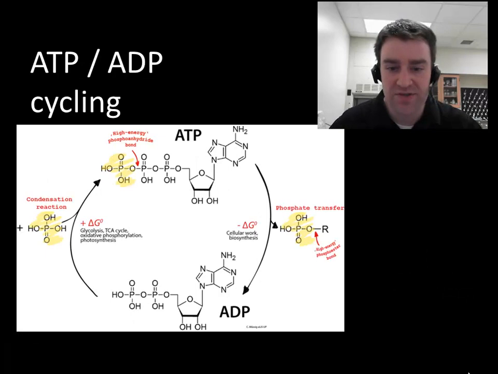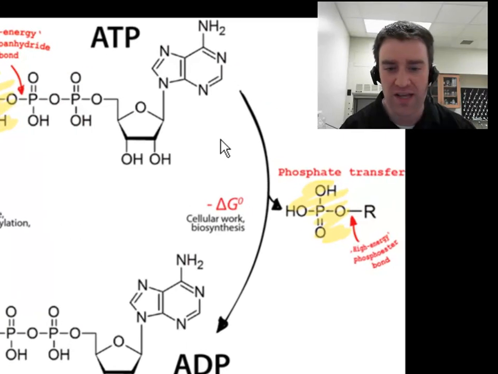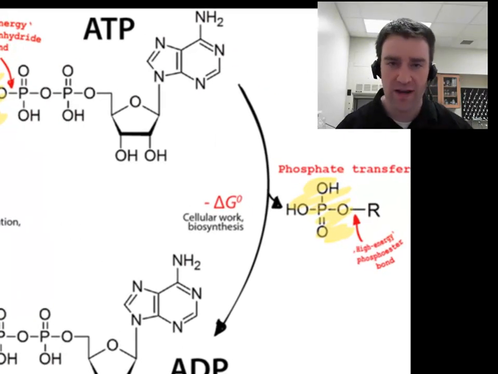I just want you to see that ADP and ATP are constantly cycling with each other here. ATP can turn into ADP whenever cellular work needs to be accomplished. So by transferring a phosphate to something else, we're energizing that something else, and we're helping an otherwise non-spontaneous chemical reaction occur and turn spontaneous.